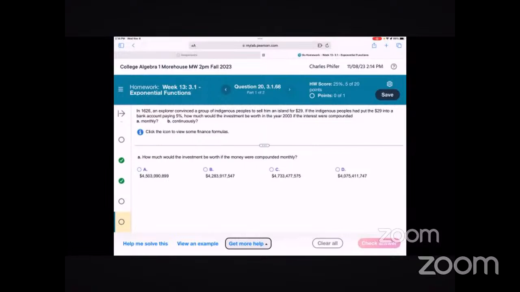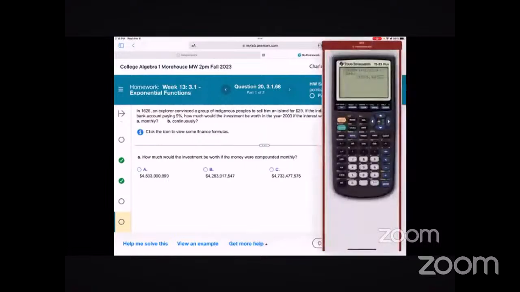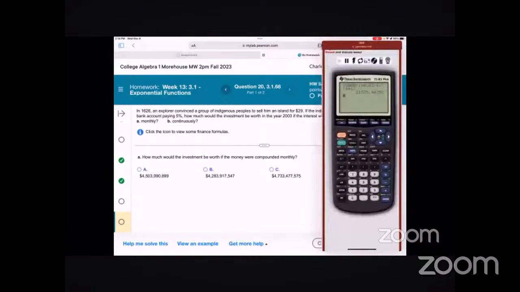Okay, so it's essentially the same thing we just did. I'm going to try to piggyback off of what's already in the calculator and just adjust my numbers. So it looks like our principal is $29 times 1 plus, the rate is 5%, so that's going to be 0.05 divided by N, right?